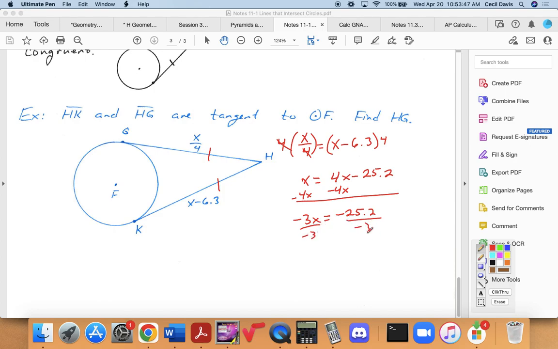Divide both sides by negative 3, and x is positive 8.4. Then be sure to answer the question. The length of HG is 8.4 over 4, which is 2.1. Okay, any questions?